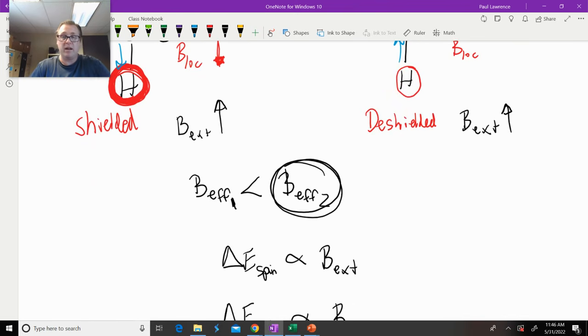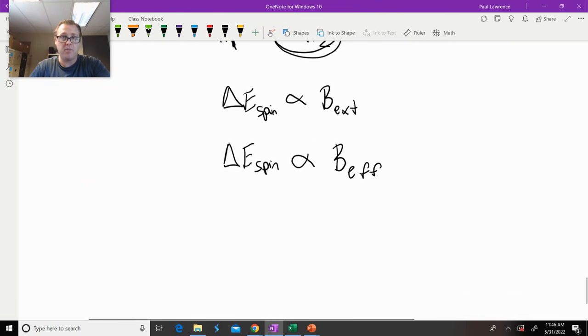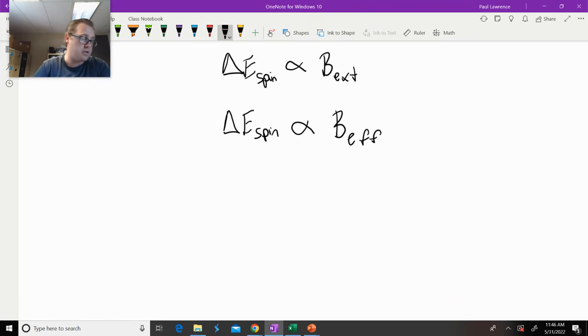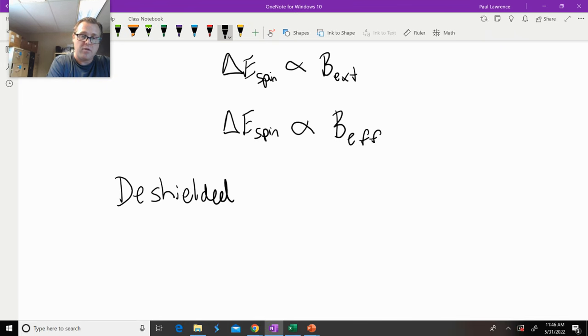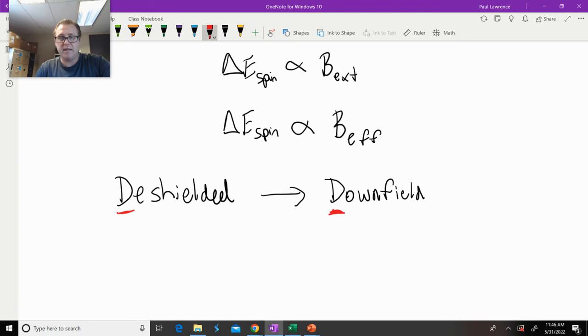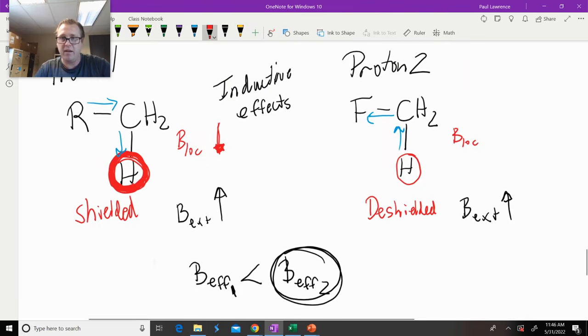So another thing to remember is this little trick that I like to use: deshielded. Okay? Deshielded relates to protons that are downfield. D. Do you see that from this example right here?